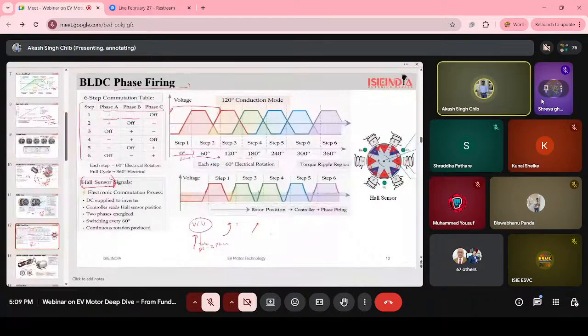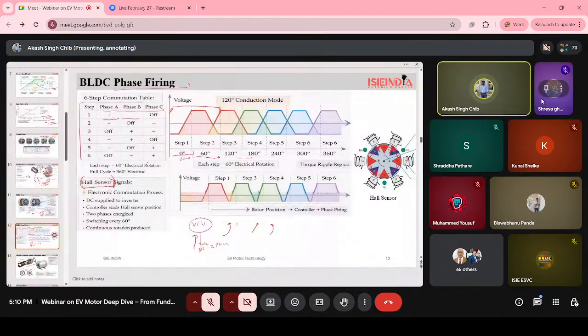Then the next phase will energize, so that switching happens. Switching is continuously happening. So, simply put, the Hall sensor communicates with the controller, and the controller gives direction to the phases in the BLDC motor.